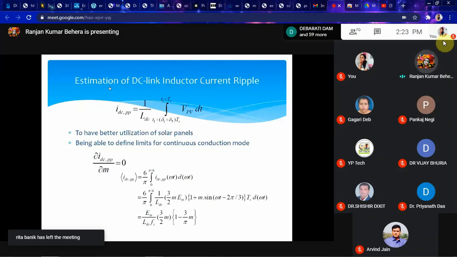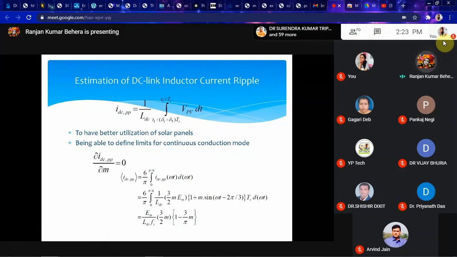And if you see here, you can find out for the continuous conduction mode, because there are 2 kinds of conduction mode. One is continuous conduction mode, another one is discontinuous conduction mode. In the continuous conduction mode, the most important thing is the continuous current.